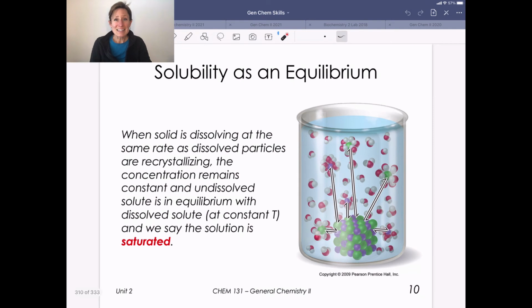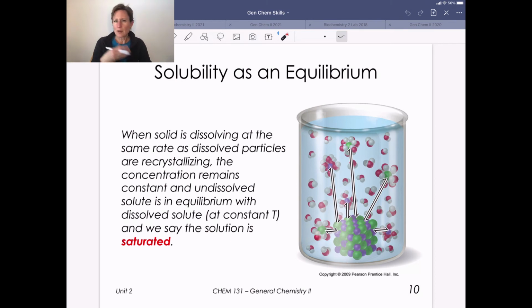All right, last thing to talk about: when we think about solubility, I want you to think about this being what we call an equilibrium. Introducing this term early and often is important because we're going to have three whole units devoted to equilibrium. We talked about equilibrium in our last unit when we talked about vapor pressure.